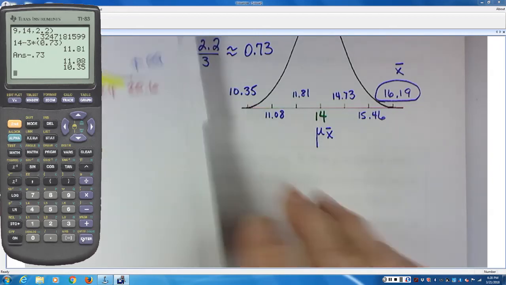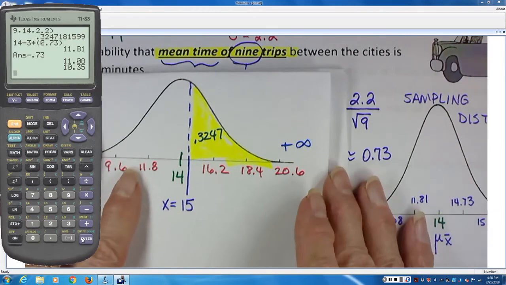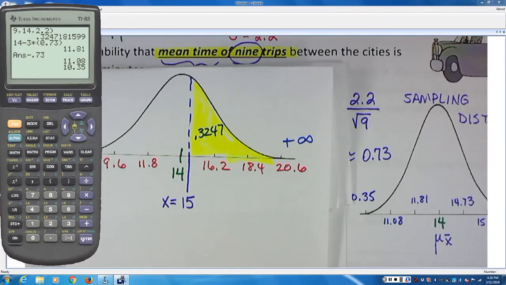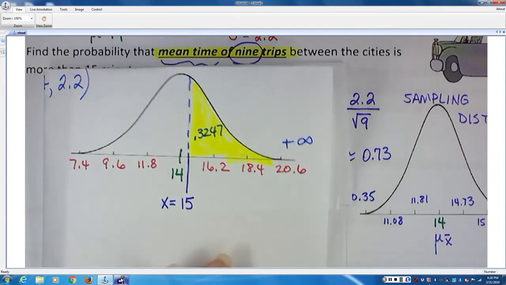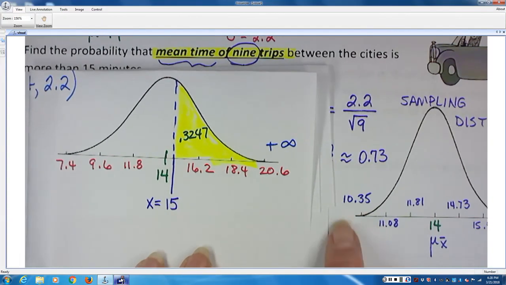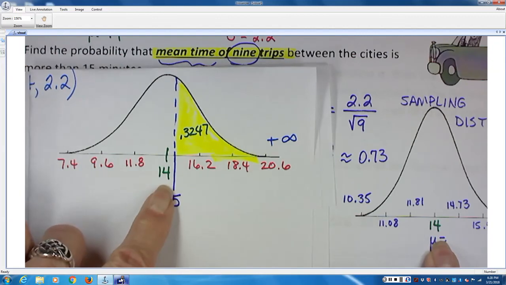I want you to compare that to the population distribution. This curve starts at the bottom at 10.35. Population starts at 7.4. The middle is the same.